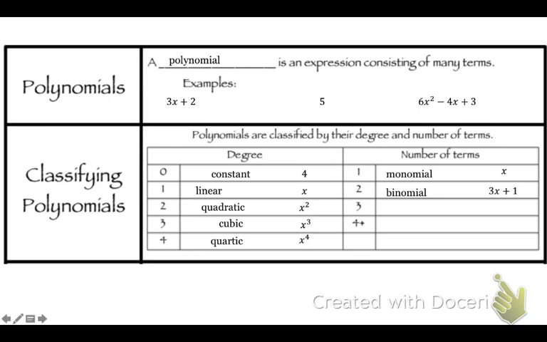That'd be like 3x plus 1, or 4x plus 9, or 17x to the fifth plus 1. Okay? 3 terms is a trinomial. So that'd be like x to the fourth plus x minus 4, or x to the seventh plus x squared plus 1, or anything with 3 terms. And then anything with 4 or more terms is a polynomial.